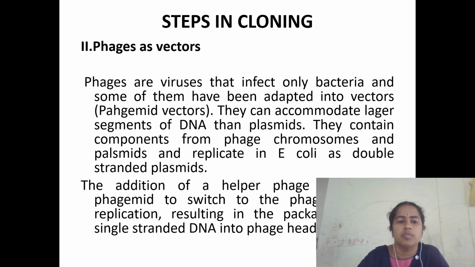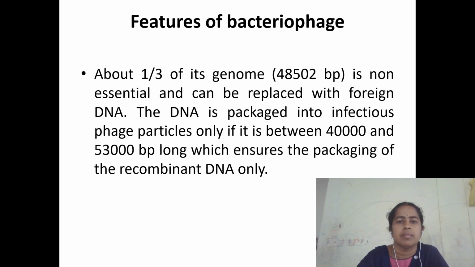Bacteriophages can also be used as vectors, where the phagemid or the bacteria are used as vectors in this. It can accommodate larger fragments as compared to the plasmids, and they have, in addition, a helper phage to switch the phage mode of replication, resulting in the packaging of single-stranded DNA in phage heads.